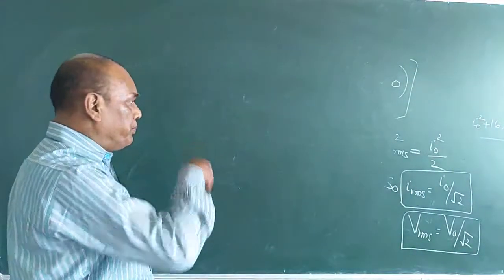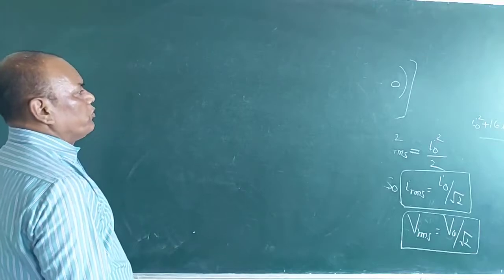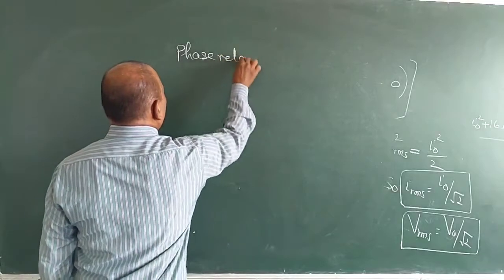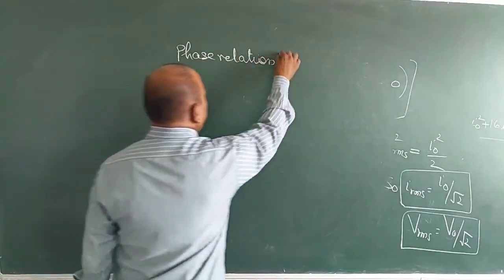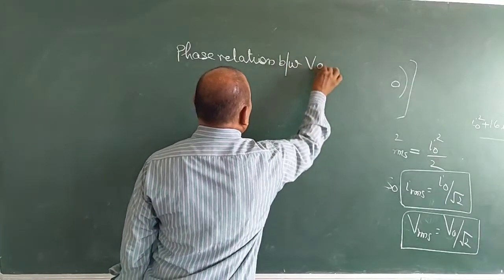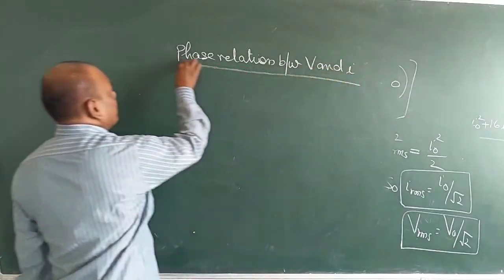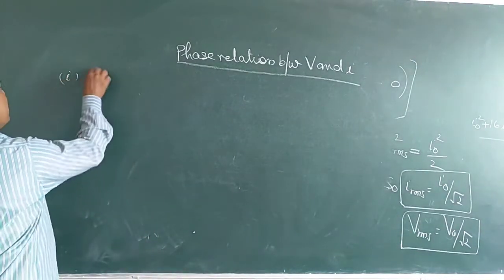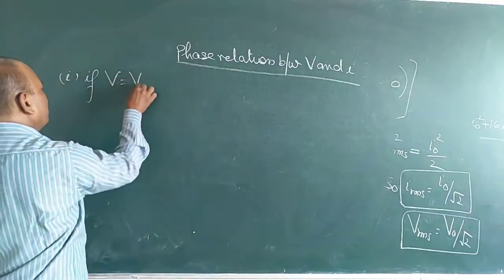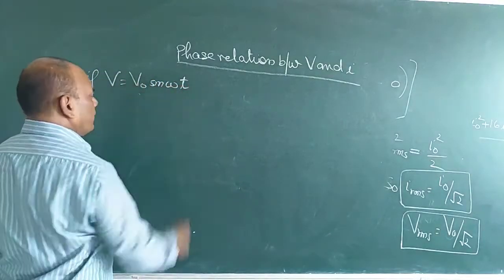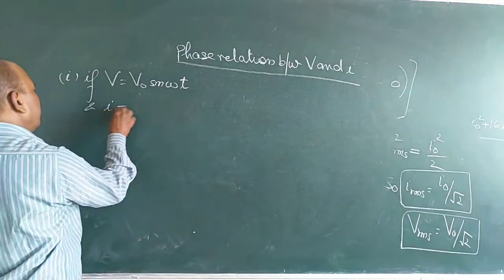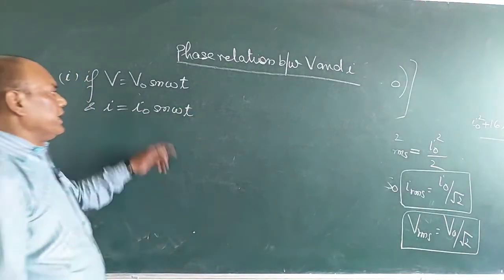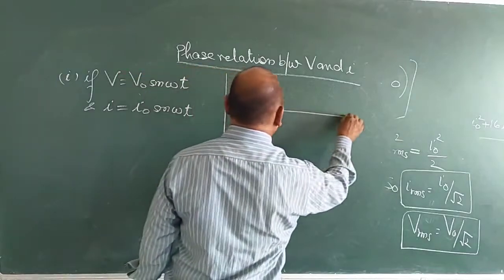Next, now we have to discuss some phase relations, the phase relation between V and I. Now see here, if V is equal to V0 sin omega t and I is equal to I0 sin omega t, then its graph will be obtained this way.